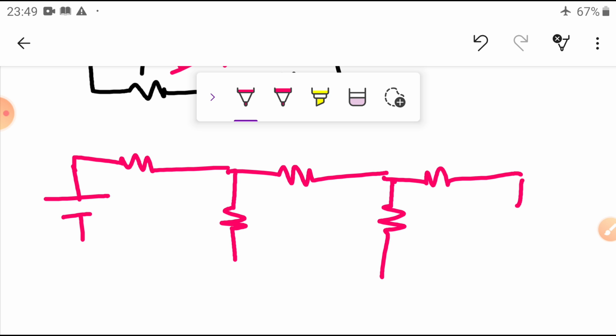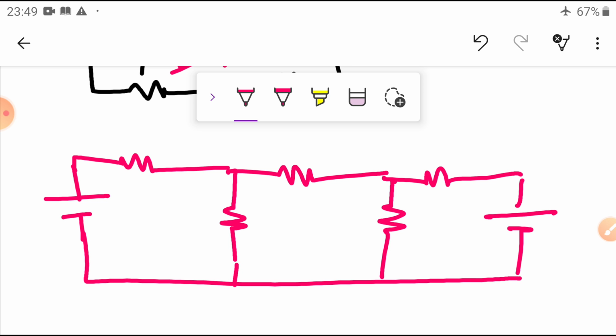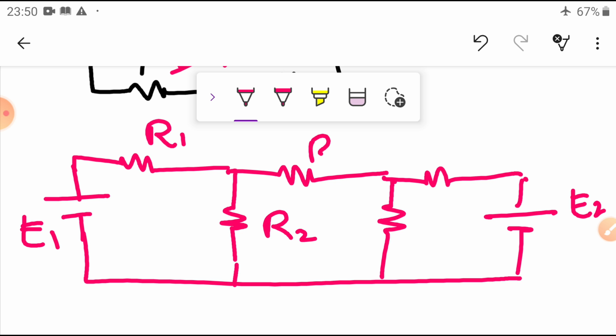Now we connected the source. Here at the bottom terminals we connected the common point. So what we have seen, this is equal to E1, this is equal to E2. Now we assume that this is R1, R2, R3, R4, R5.